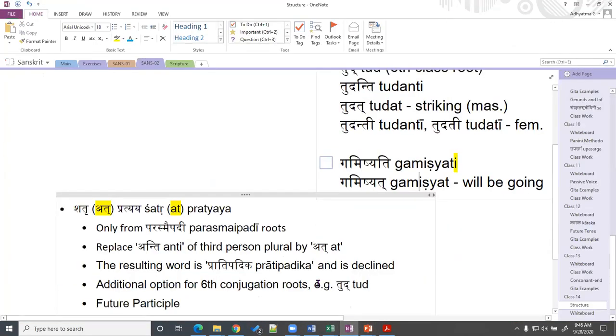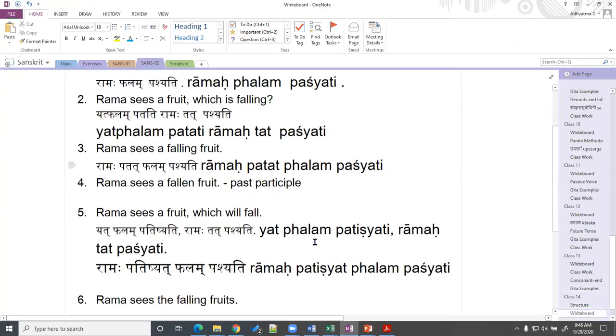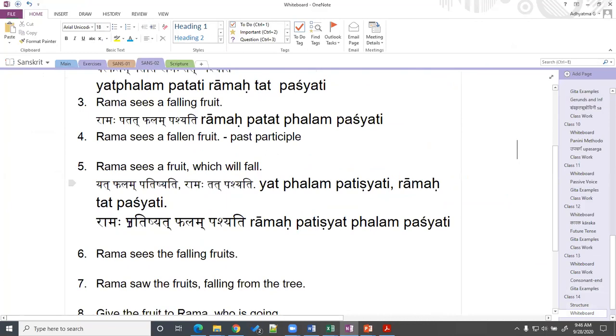So, Rama sees a fruit which will fall: Ramaha patishyat phalam pashyati. Even though you see this verb here, this is one Sanskrit sentence. Before, it was two Sanskrit sentences, with two verb forms, patishyati and pashyati. Here it is a single sentence in Sanskrit. So patishyat is an adjective now. It's no longer a verb, and pashyati is the verb. Seeing is the verb.